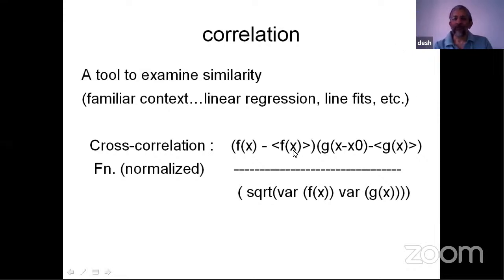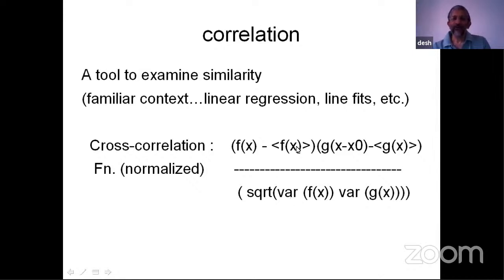Okay, and then you can shift one function with respect to the other, and see the level of similarity. And as you will see, it's divided by the square root of the variances of both these functions. The square root of variance is simply the standard deviation.